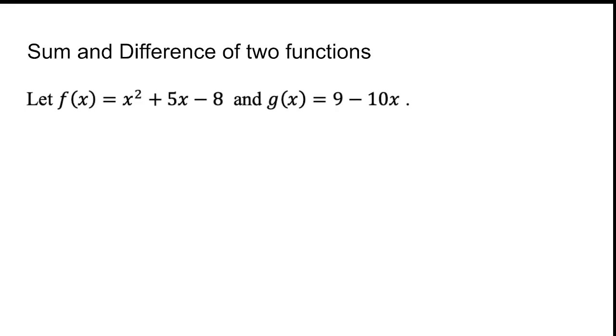So we're going to work with these two, and let's kind of color code them. So we'll do the first function, f of x, in sort of a red, mauve, burgundy color, and we'll do the second one in blue. Okay, so we're first going to define the sum. So let's go ahead and do that.